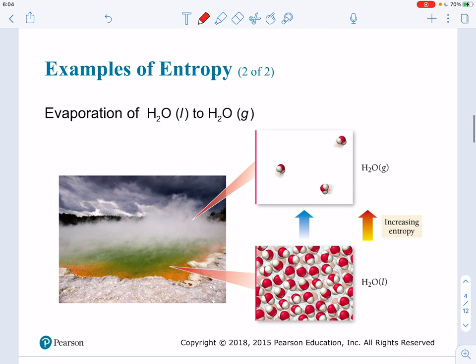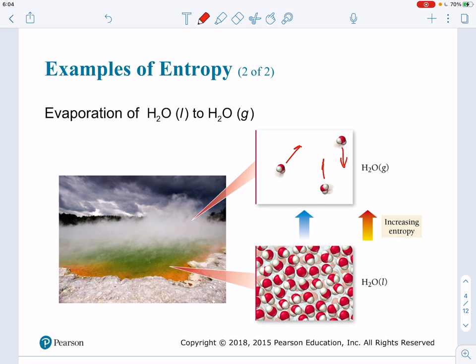Additionally, in the case of evaporation of water, you have all the molecules of water close to each other, interacting with each other. When you go to the gas phase, those molecules are moving a lot faster.